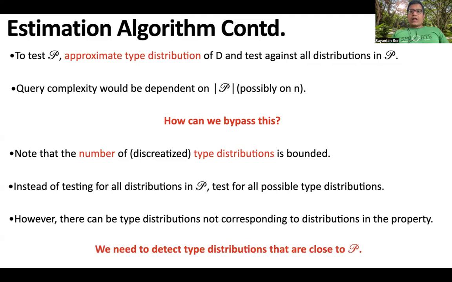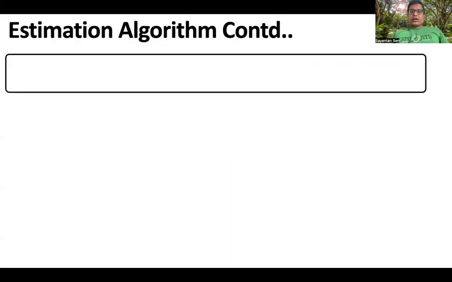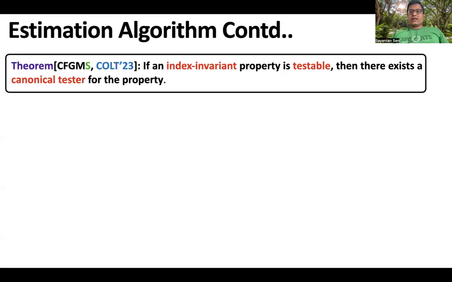To tackle this, we need to detect type distributions that are indeed close to the property P. Namely, there is a distribution in the property whose type distribution is close to the type distribution that we currently have in hand. For this purpose, we recall another of our results, where we showed that any index invariant property that is testable in this huge object model has a canonical tester.